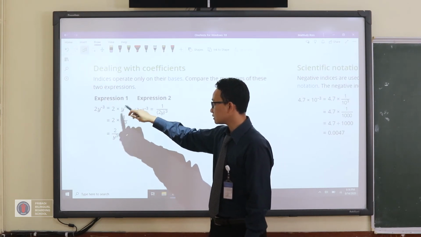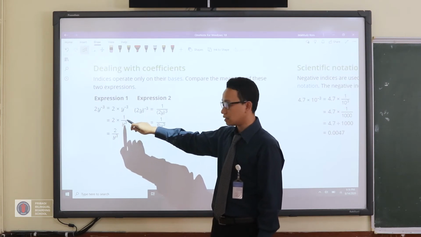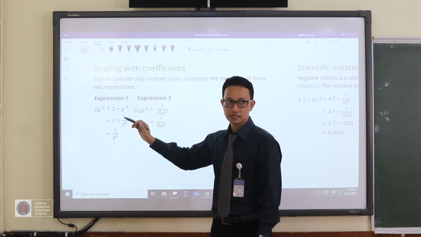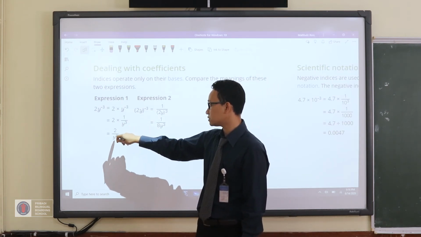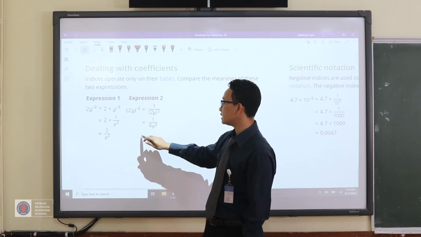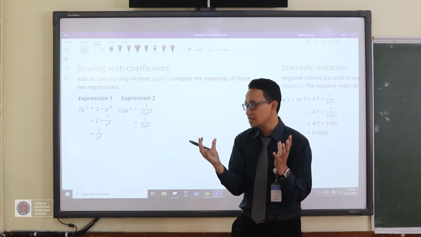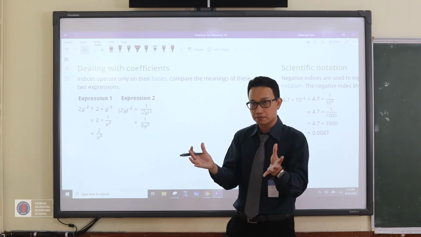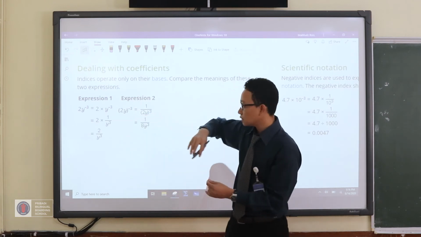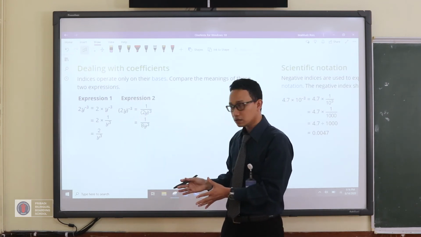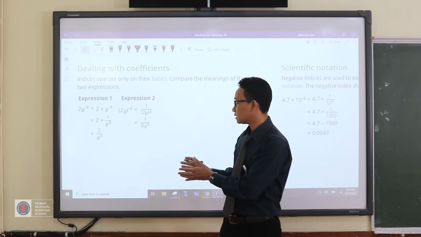So this one, we change to a reciprocal. We change the negative index to positive as usual, and then multiply by 2. And then you compare it with the second expression: 2y inside parentheses, raised to the minus 3 power. In this case, we take all of 2y to the positive 3 as a reciprocal.